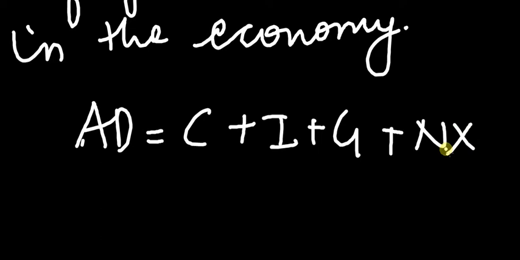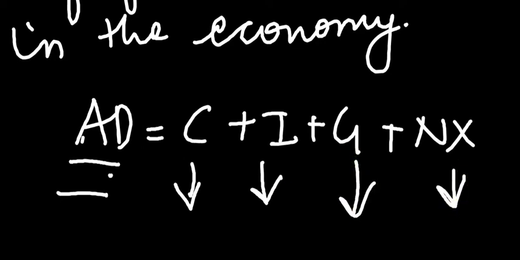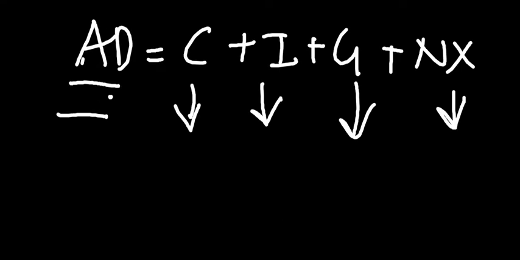Always at equilibrium, the quantity of output that is produced should be equal to the quantity of output that is demanded. This is the quantity of total output that is demanded in the economy. It has four components: consumption, investment, government and net exports. Now this must equal the output that is actually produced.